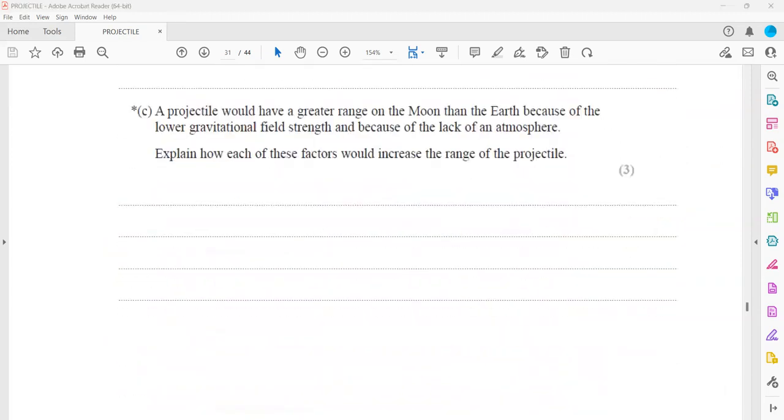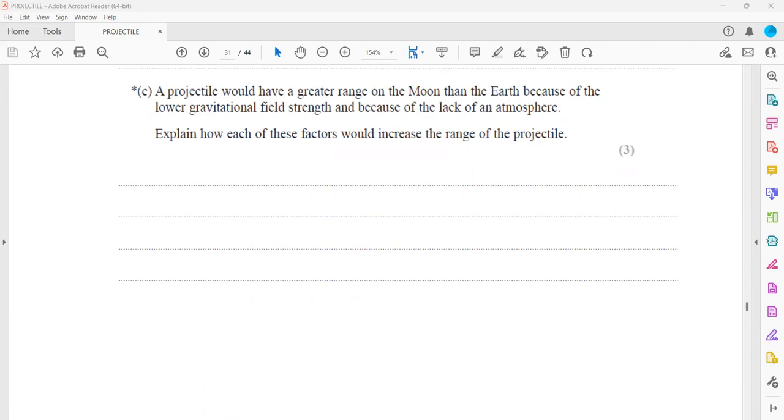Then: a projectile would have a greater range on the Moon than on Earth because of a lower gravitational field strength and because of a lack of atmosphere. Explain how each of the factors would increase the range of a projectile. First, when it has a lower gravitational field strength, it will have a smaller acceleration.